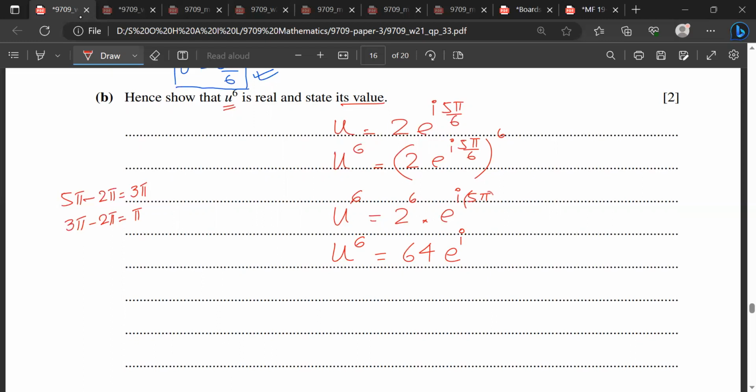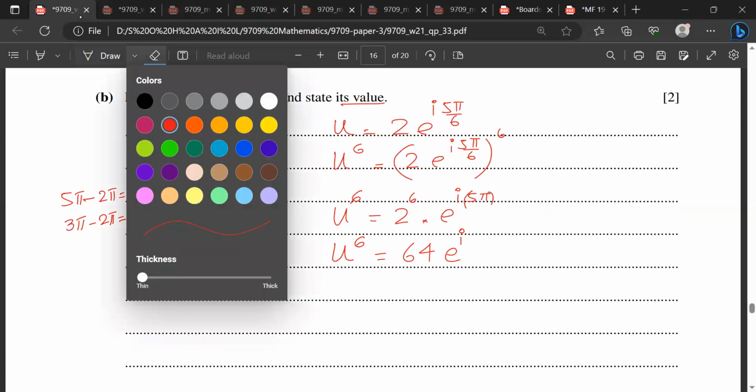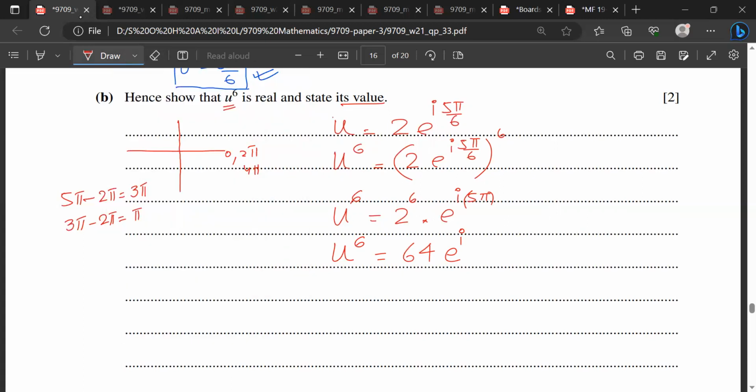So instead of writing 5 pi, where is the 5 pi? It is here: 0, pi, then 2 pi, then 3 pi, then 4 pi, then 5 pi. So 5 pi is at this position, which is the position of pi.